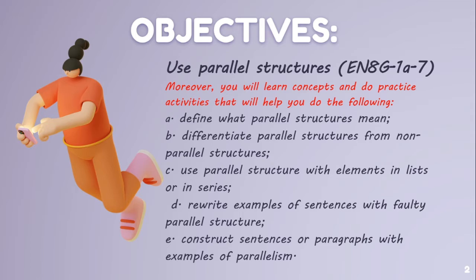Next, differentiate parallel structures from non-parallel structures. Then, use parallel structures with elements in a list or in a series. Then, rewrite examples of sentences with faulty parallel structures. Lastly, construct sentences or paragraphs with examples of parallelism.